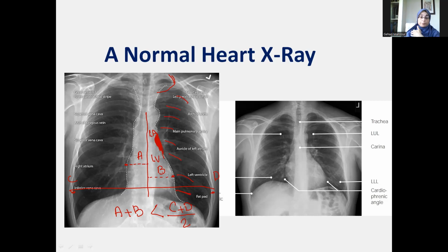If we look at the ribs posteriorly, yes, I can see the anterior part of the ribs. I'm not sure, the ribs are not very clear here. I'll erase, guys, I'm sorry.